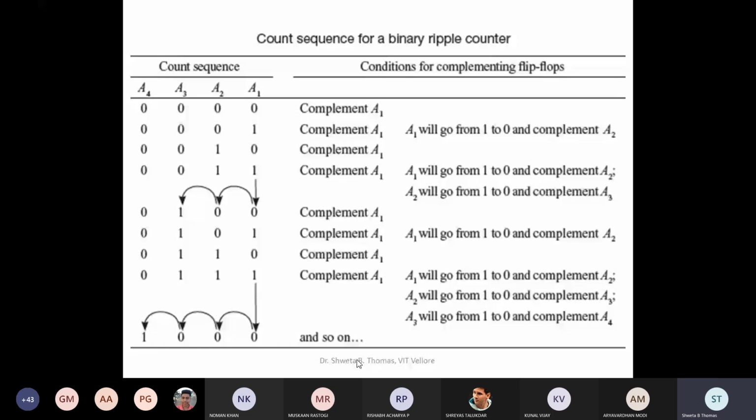Now you may ask if you have any confusion, any doubt in this particular ripple count sequence. Okay. Very carefully look into it. If you are having any confusion, any doubt, you may ask. This is a very important topic.